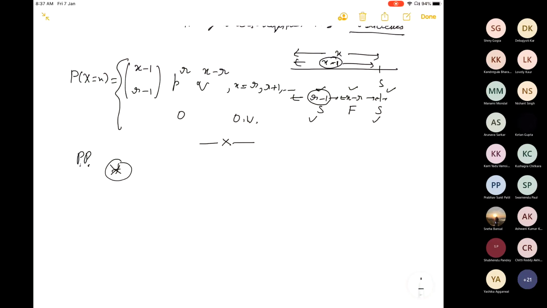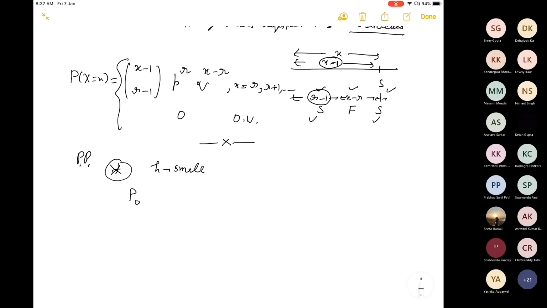So when h is small, we are assuming the assumptions and proving the other part. That means P_0(t) is e raised to power minus lambda t, times lambda t raised to power 0 divided by 0 factorial.